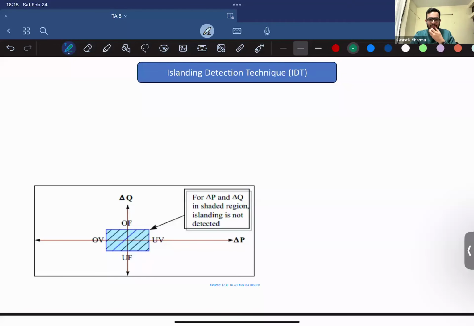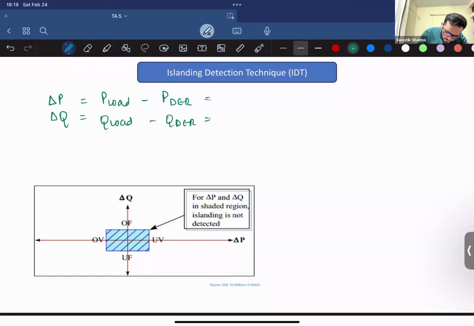Whenever an islanding happens, there is a difference between the generation and load level. Due to this, power mismatches happen in the form of delta P and delta Q, which can be written as P load minus P DER and Q load minus Q DER, which was earlier being taken from the grid.